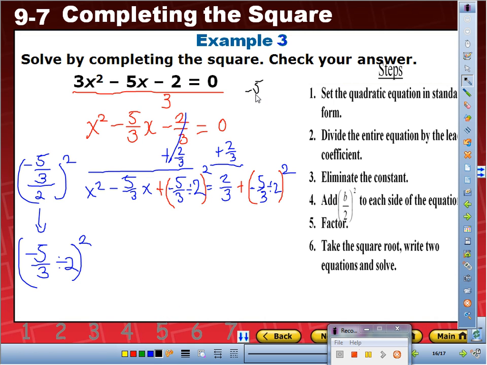Negative 5/3 divided by 2 becomes times 1/2. Yes? So therefore, this becomes plus negative 5 over 6 squared.